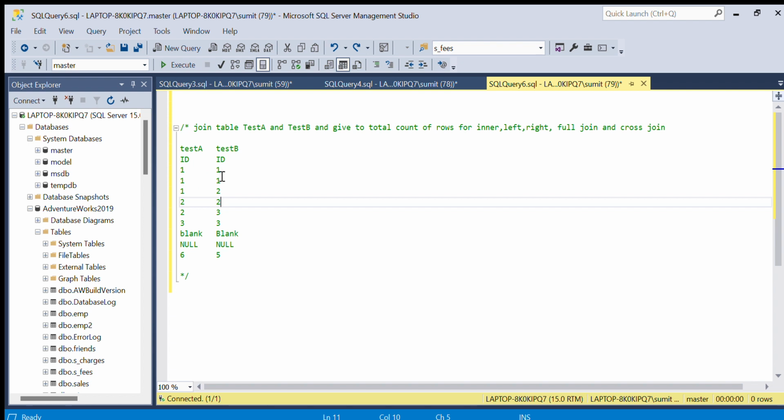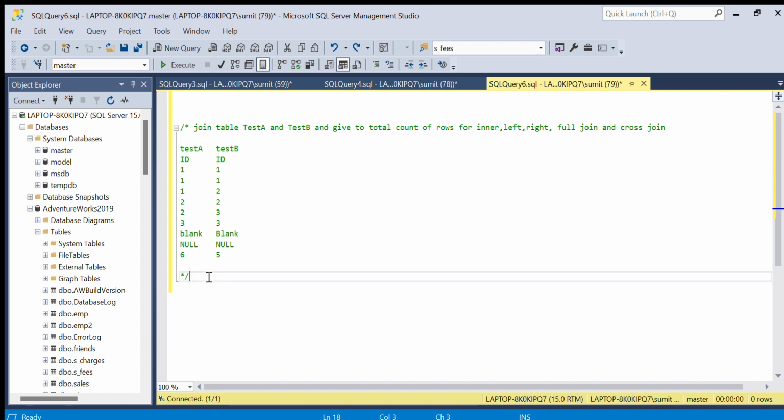So it would be 3 into 2, which is 6. The same for 2: it replicates 2 times in each, so 2 into 2 is 4. And in case of 3, it would be 2 into 1, which is 2.